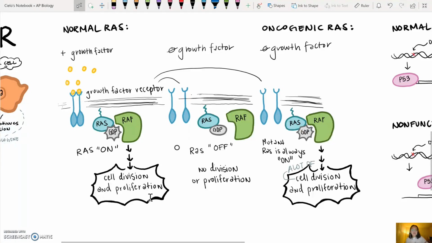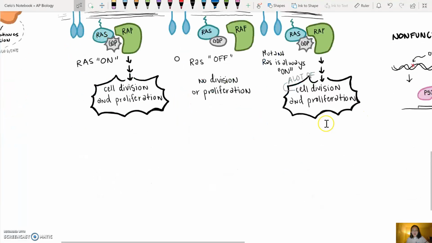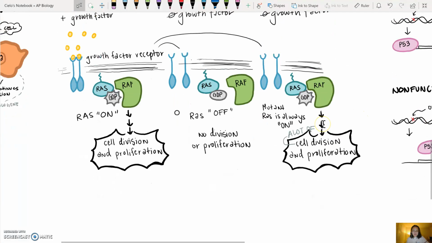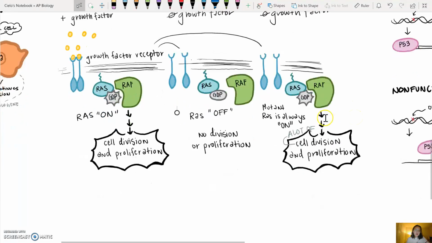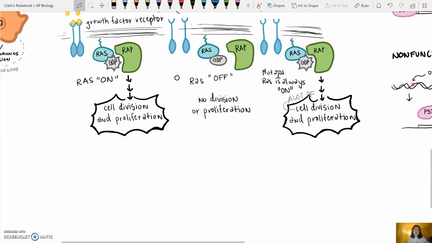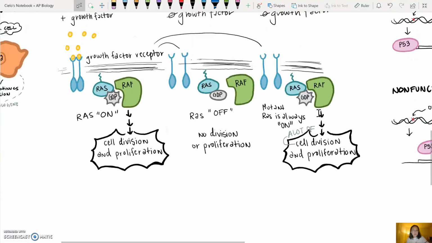If there is a mutation in which the RAS protein becomes hyperactive, it triggers the transduction cascade without growth factors. There is an overexpression of the final protein because the mutant version of the protein is always on. So there will be more abnormal cell growth.